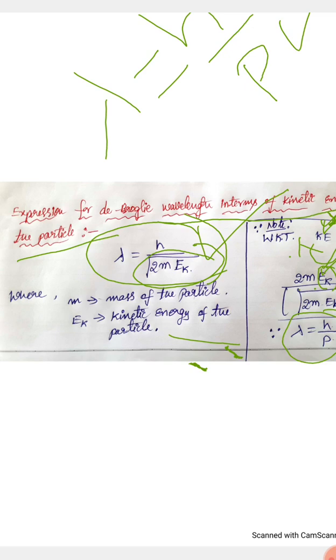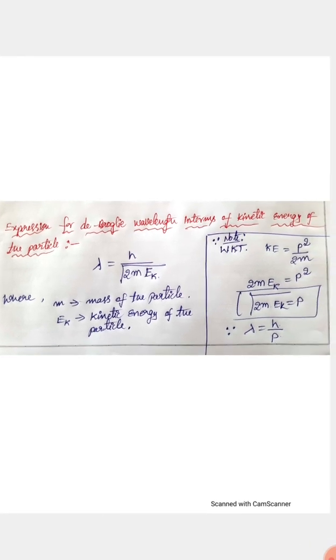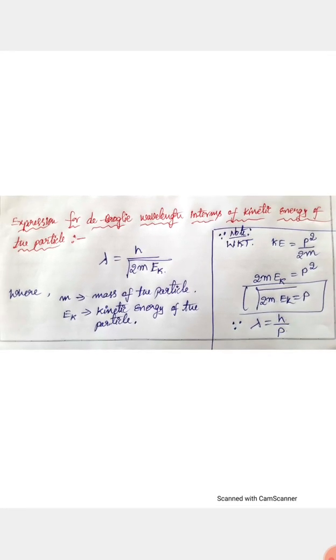That is, lambda is equal to h divided by the square root of 2m Ek. m is the mass of the particle, Ek is the kinetic energy of the particle, lambda is the de Broglie wavelength, h is Planck's constant. This is the expression for the de Broglie wavelength in terms of kinetic energy of the particle.